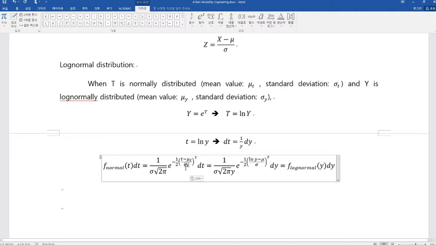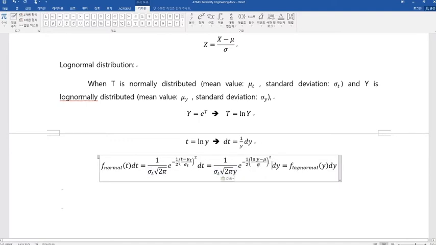So starting from here, this should be sigma t.